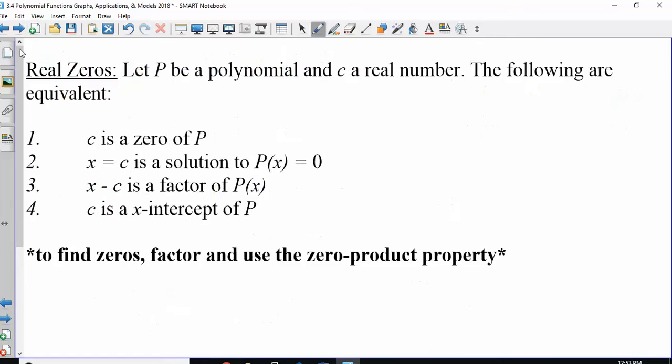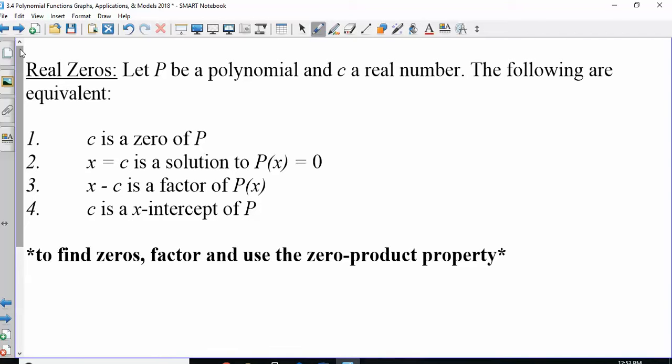I'd like to get through just a few more slides and then we'll probably stop for today. So some of the terminology I might be using, when I talk about a zero, that's just the number. So we were doing that on the homework. We were listing the zeros and we just said 5, 2, -1. When I talk about the factor, that's when you do the x minus each of those.